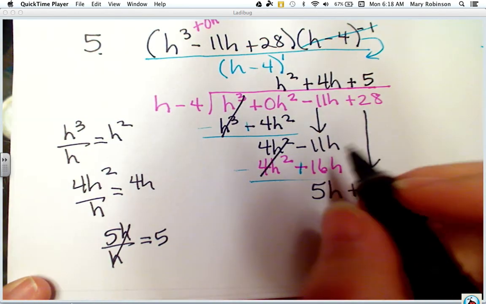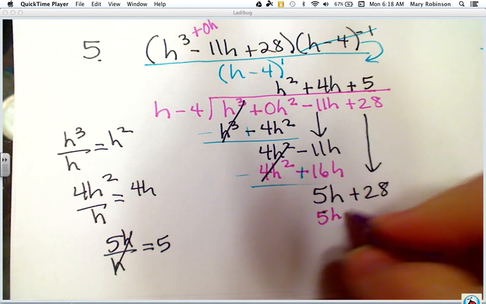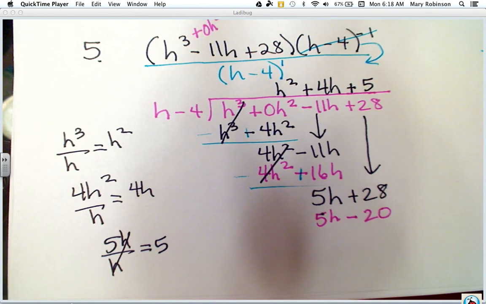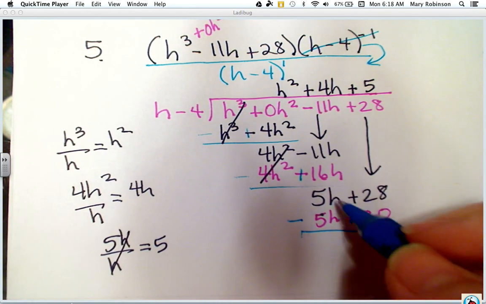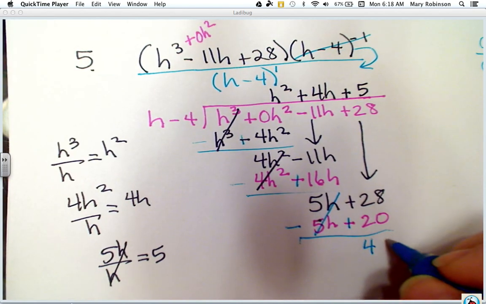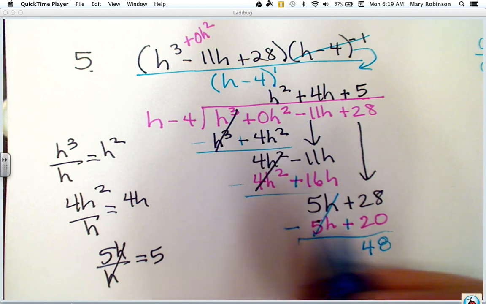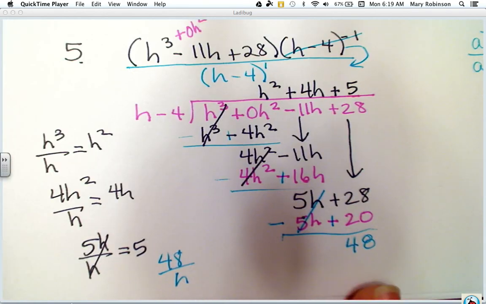5 times h is 5h. 5 times negative 4 is negative 20. We draw our line, change our signs, and our remainder is 48 because we can no longer divide by h. If we were to try to do 48 divided by h, we could not simplify that.